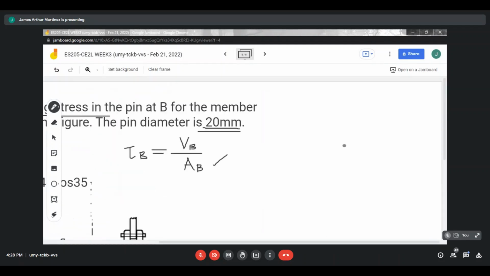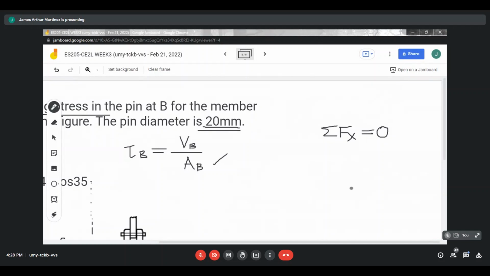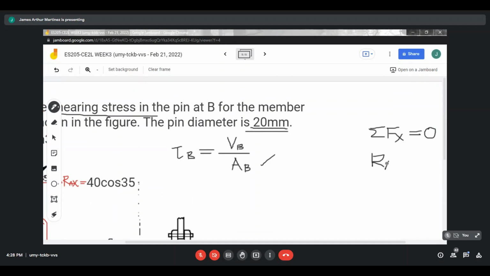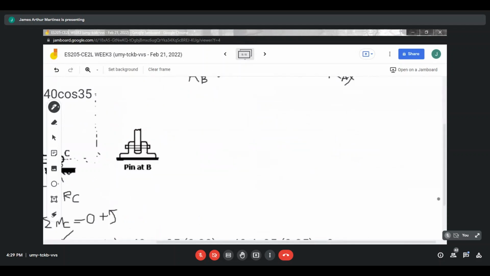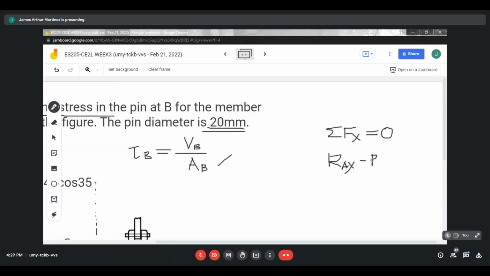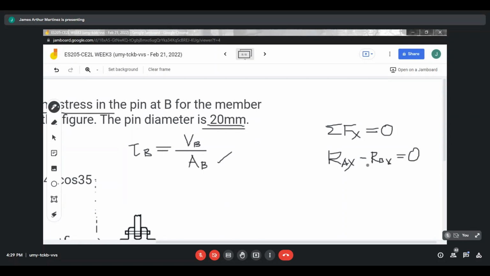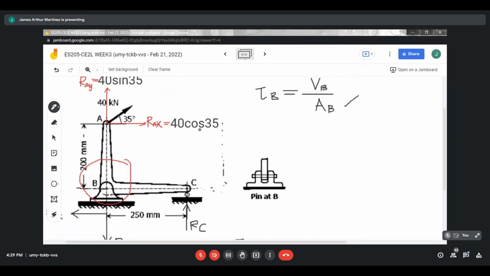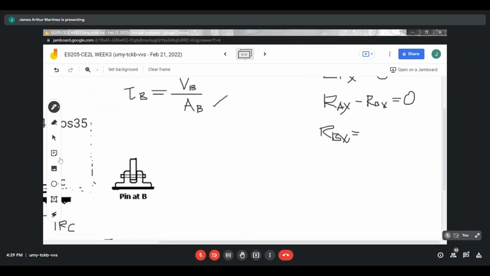So meaning, we can do summation of forces on the x-axis equal to 0, which is RAX, going to the right, so positive sign convention, minus RBX, since going to the left, equal to 0. So meaning RBX is just equal to RAX, which is 40 cosine 35.